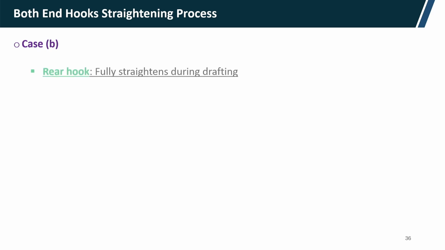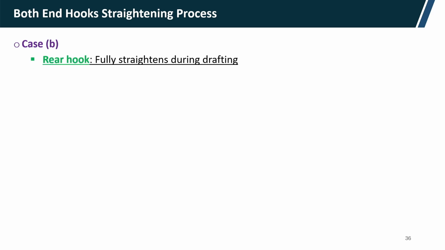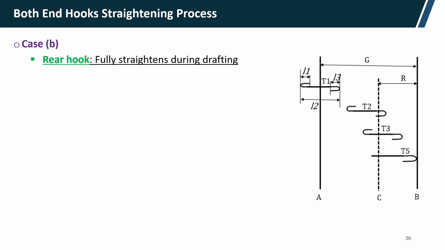Now, case B is where the rear hook is fully straightened during drafting. Here we can see this is the rear hook or trailing hook. At T2 the leading hook has reached here, and at T3 the midpoint of the body is reached.